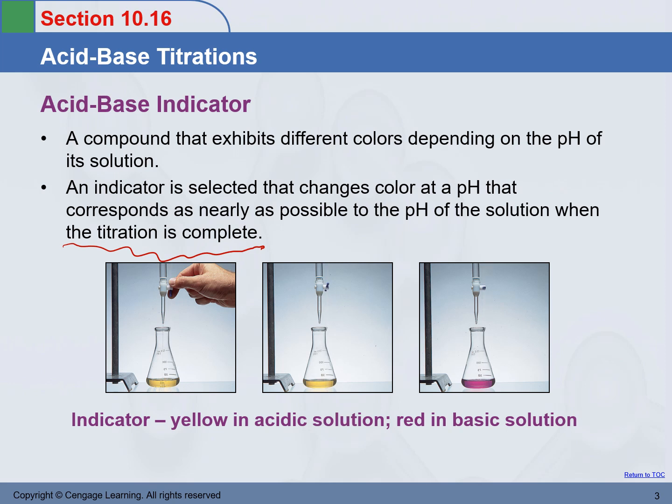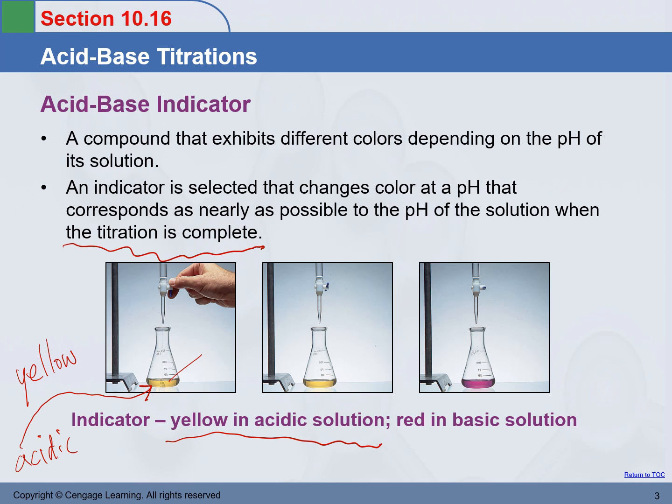Here is a drawing that we can use to go through how an indicator works. Here, assume this indicator shows yellow color in acidic solution. All right, this is acidic. Let's assume inside the beaker is acidic right now, and we add some indicator to it.